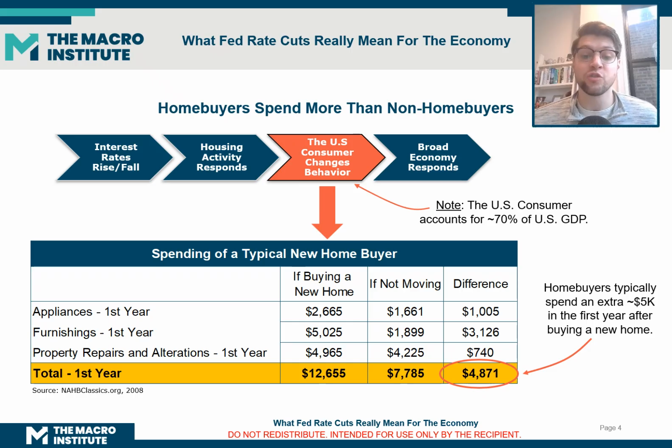And the difference is an extra $5,000 a year. So when interest rates are falling and more households are buying homes, we would see those people spending $5,000 extra, putting those dollars to work in the economy versus someone who was not moving. That can have a big impact when you have a bunch of people moving at once as interest rates fall.